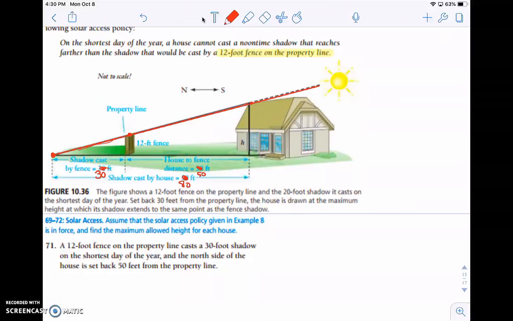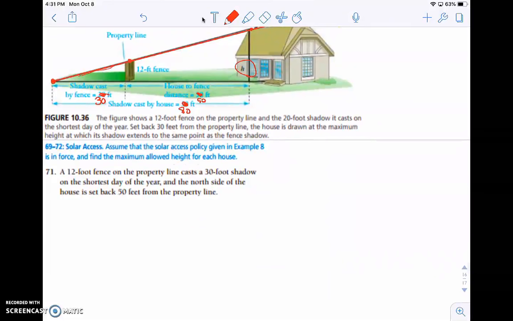So there's the geometry we have set up. We want to know what's the height of the house that we can have in order to still be within the parameters of the shadow that we can cast. I'm just going to draw some arbitrary triangle.